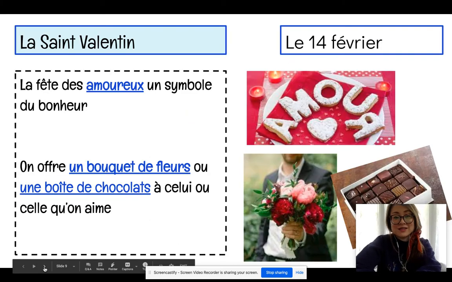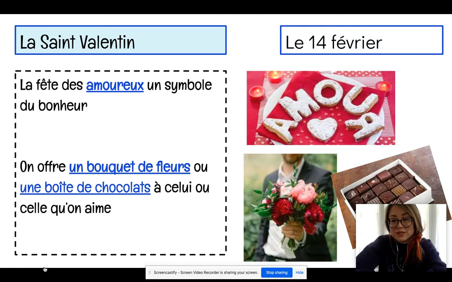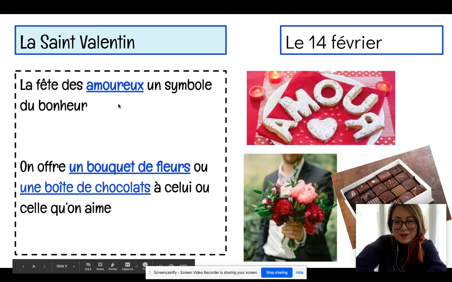La Saint-Valentin, ça se passe le 14 février jusqu'aux États-Unis. Alors, la Saint-Valentin, c'est une fête des amoureux. Et des amoureux, ça veut dire lovers. So, les amoureux, oh, ignore this part, c'est pas un symbole du bonheur.